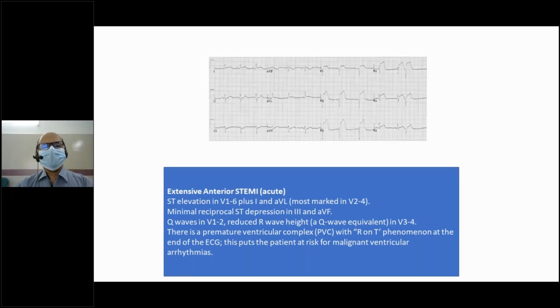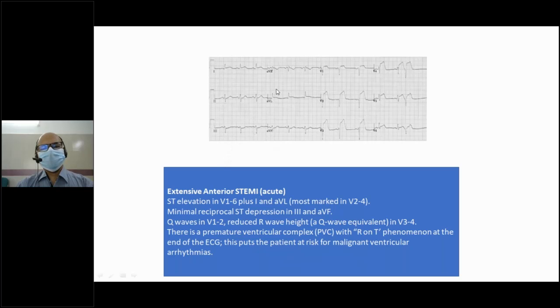This is another ECG, extensive anterior. So 1, AVL, but this patient has more involvement of the chest leads, ST segment elevation, pathological Q wave. And this patient has one extrasystole, premature ventricular contraction, and also ST depression in the opposite leads.